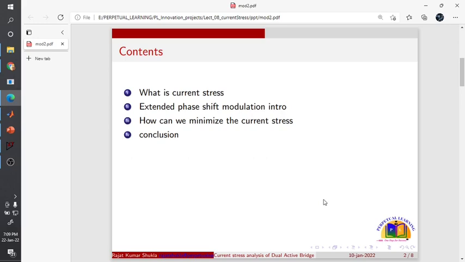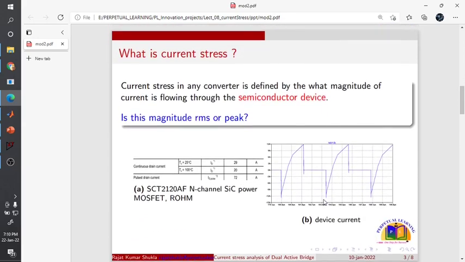After that we will look at the extended phase shift modulation, and then we will try to minimize the current stress, because of the current stress on the devices. Then we will conclude.